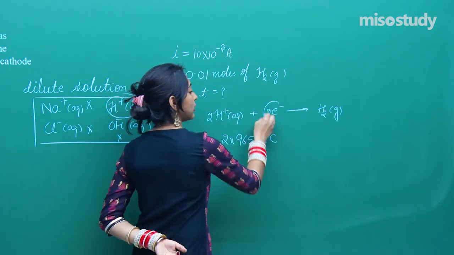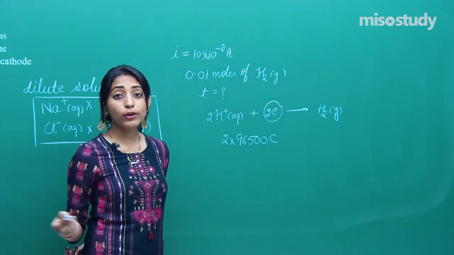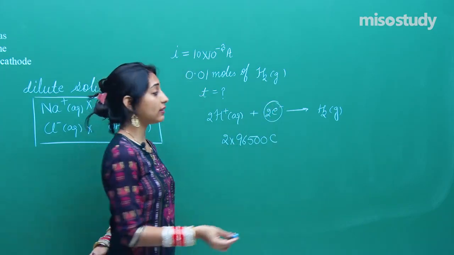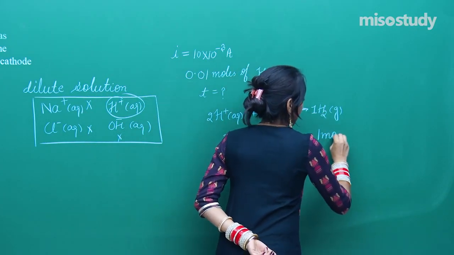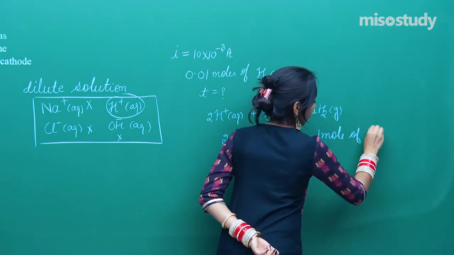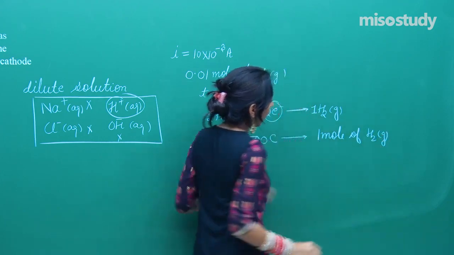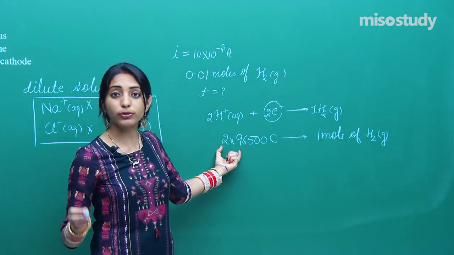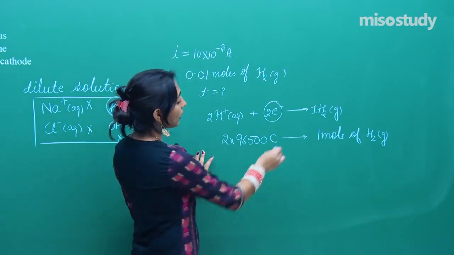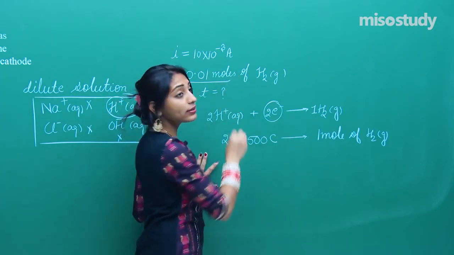So 2 Faraday or 2 into 96500 coulombs of electricity will be required for the production of 1 mole of hydrogen. If 1 mole of hydrogen gas is to be produced, you need 2 into 96500 coulombs of charge, right?